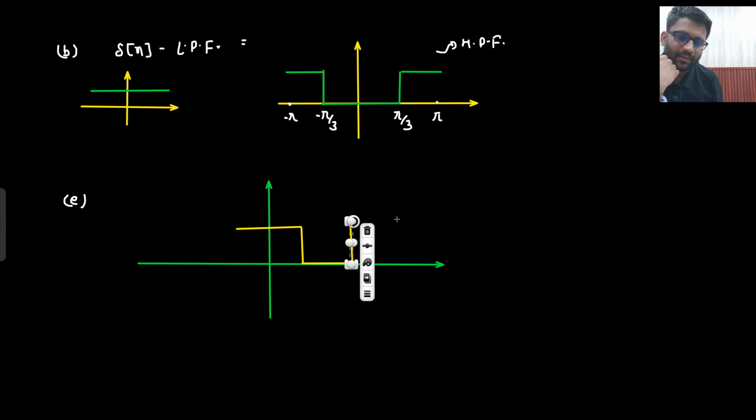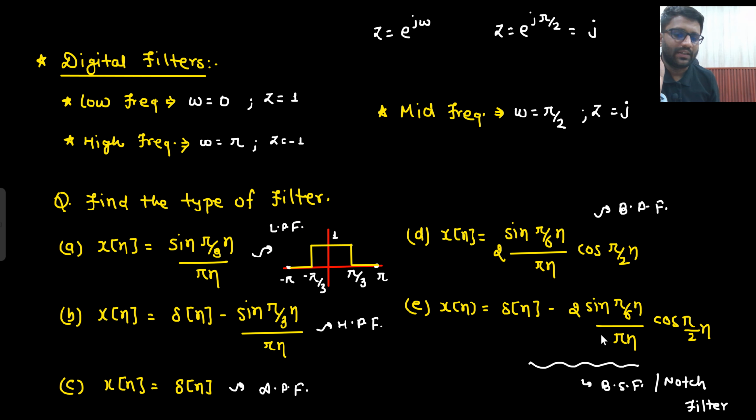This point is minus pi, this point is plus pi. So only the positive part I will see. It passes low frequency as well as high frequency.